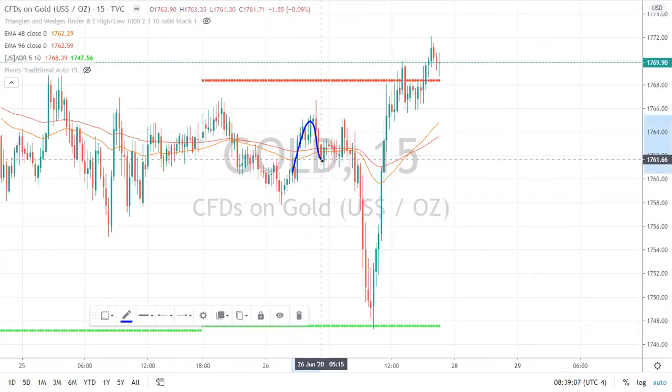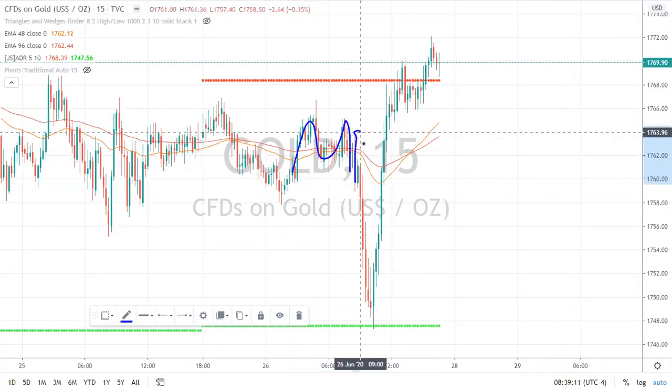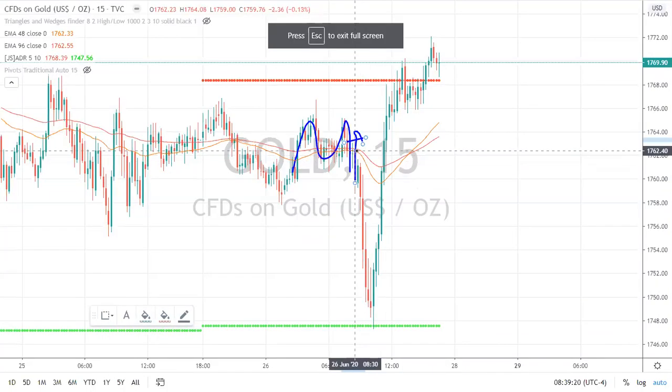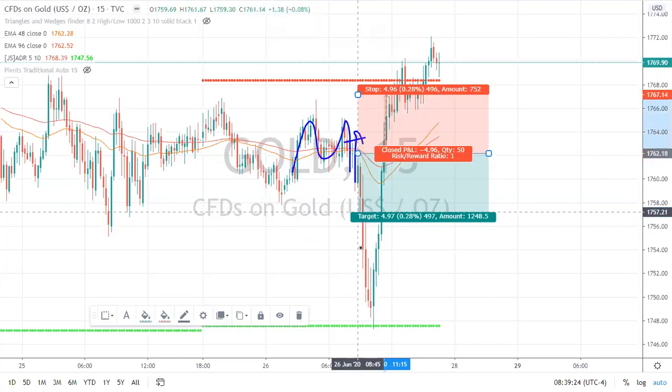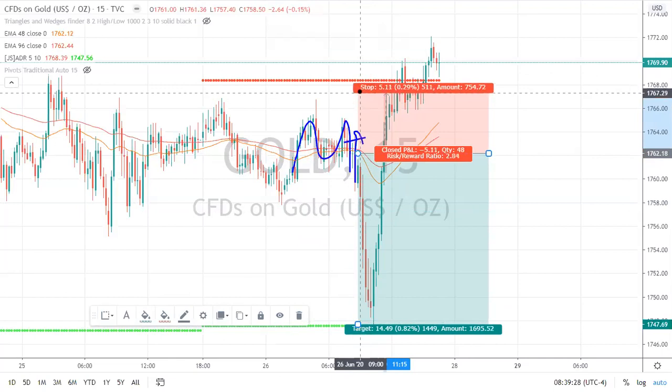So it makes an M formation, then a retest, okay, and fails. And I was not there, I did not take this trade. So you enter after it fails, and your target is ADR low. Your stop loss is here, ADR high.